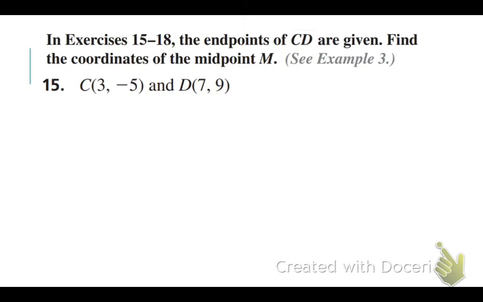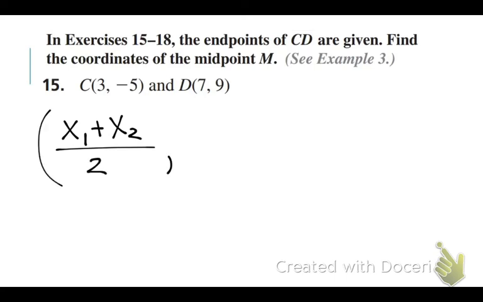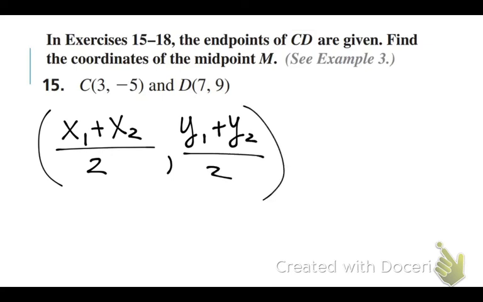So when you're finding the midpoint between 2 points, we're going to use the midpoint formula, which is x1 plus x2 divided by 2, and y1 plus y2 divided by 2.